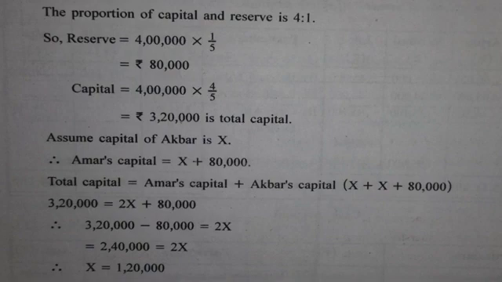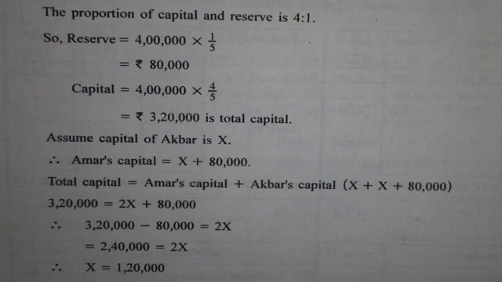On that basis, I will write down Amar's capital. They say it is in excess of Akbar's capital by rupees 80,000. So X plus 80,000. The capital of Akbar is supposed as X and the capital of Amar is supposed as X plus 80,000. So the very first thing we are supposed to do is find out the capital of Akbar.